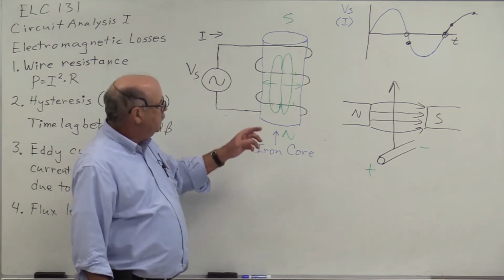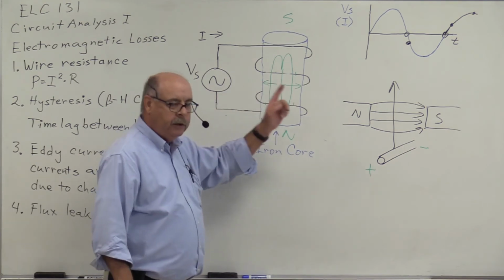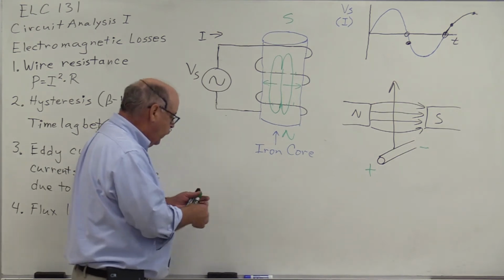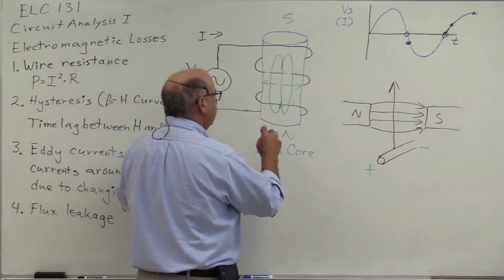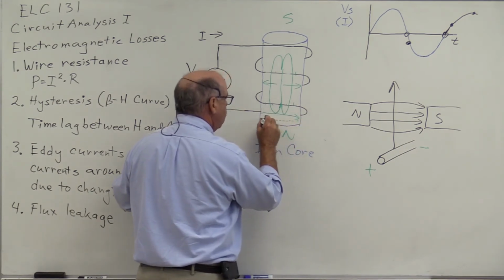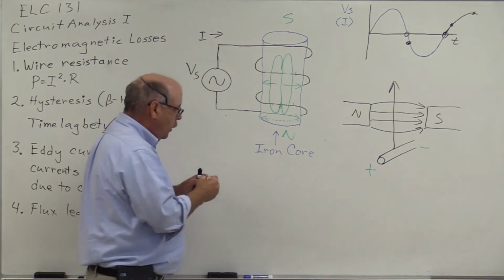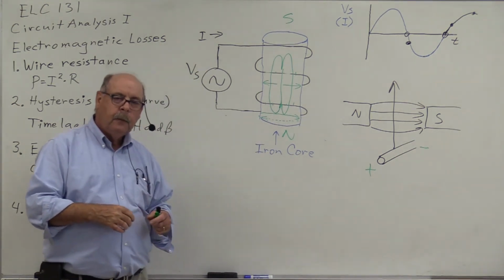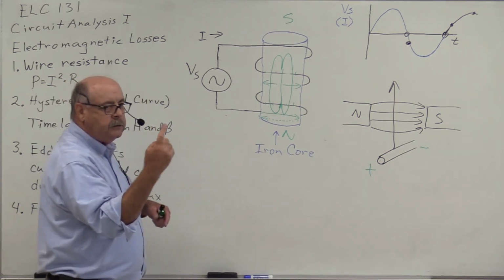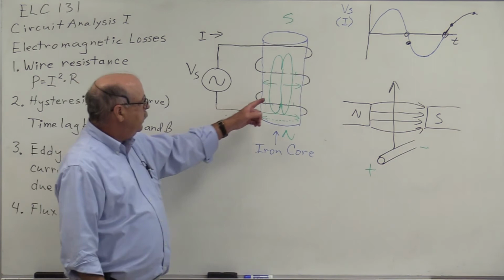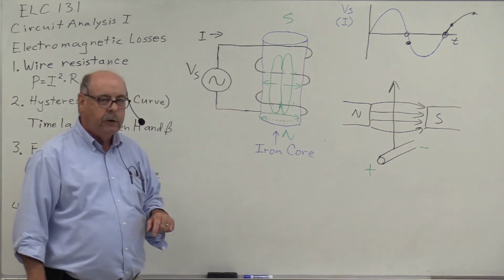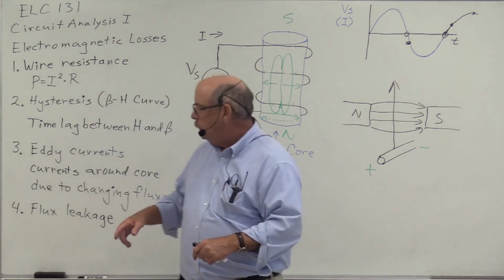So this motion between the flux and the conductor, the iron core, will cause or create a current that flows around this iron core. So we've got a current that's moving around the iron core like this, and it, of course, is perpendicular to the direction of the flux that is creating this current. And that's why they call these eddy currents.